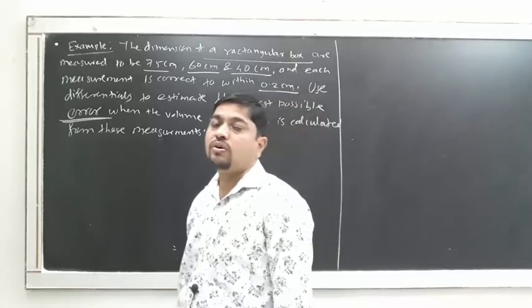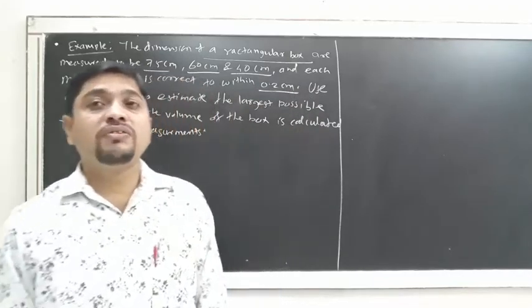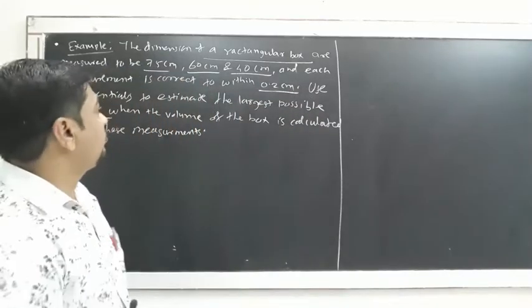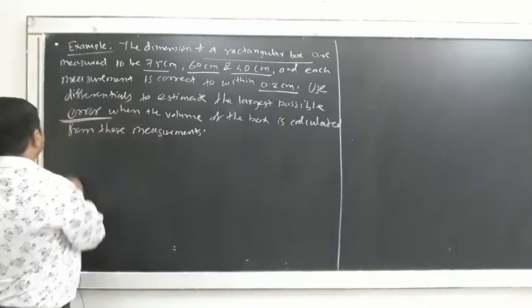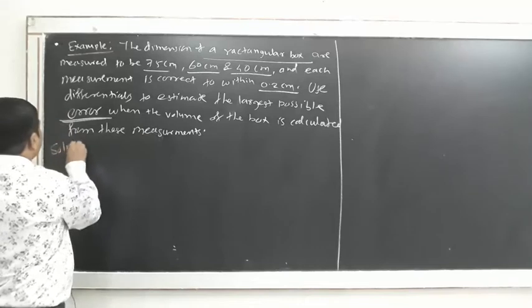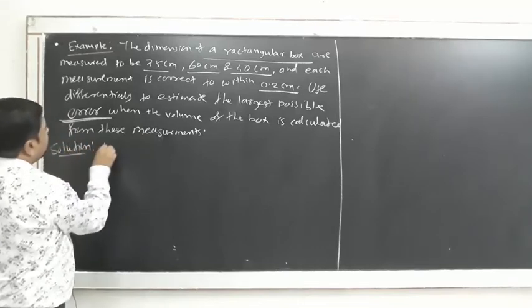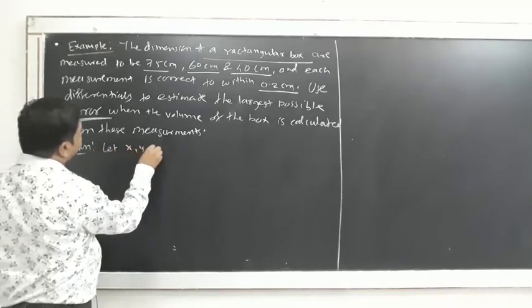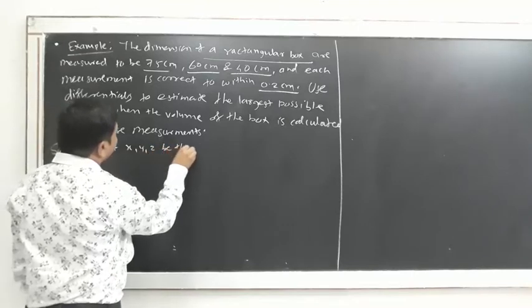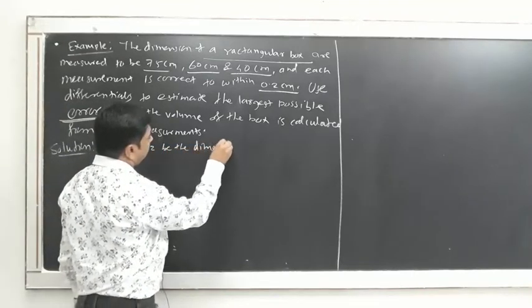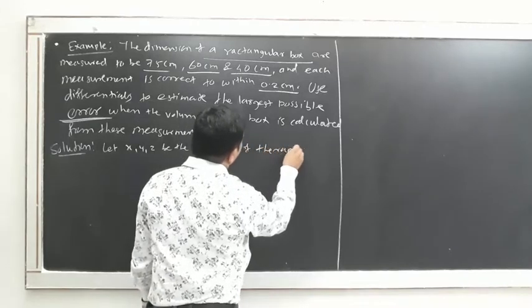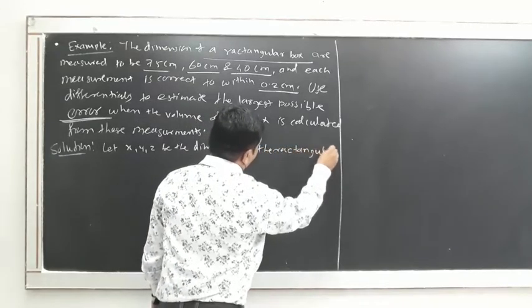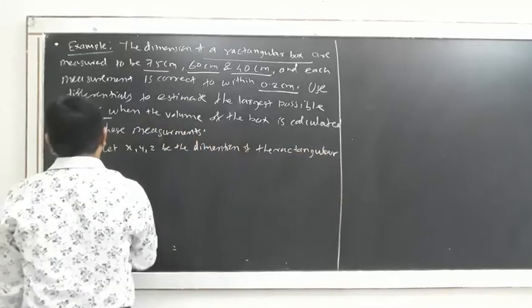So what is the error in the volume if these dimensions are used? For this we have to use the differential. So how do we write it? Solution first. Let x, y, z be the dimensions of the rectangular box.